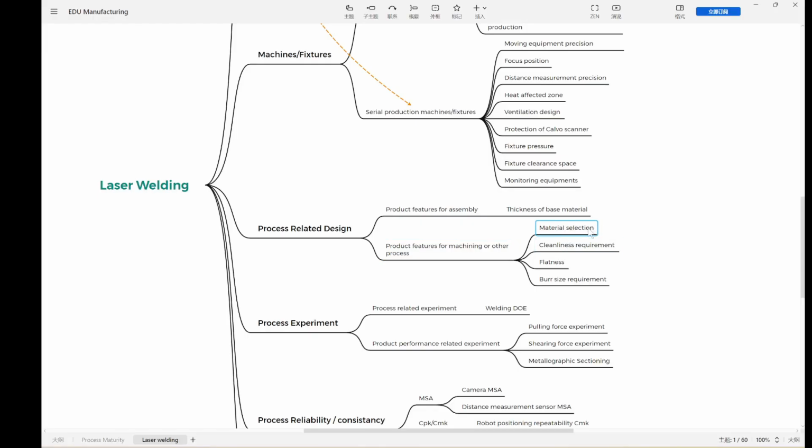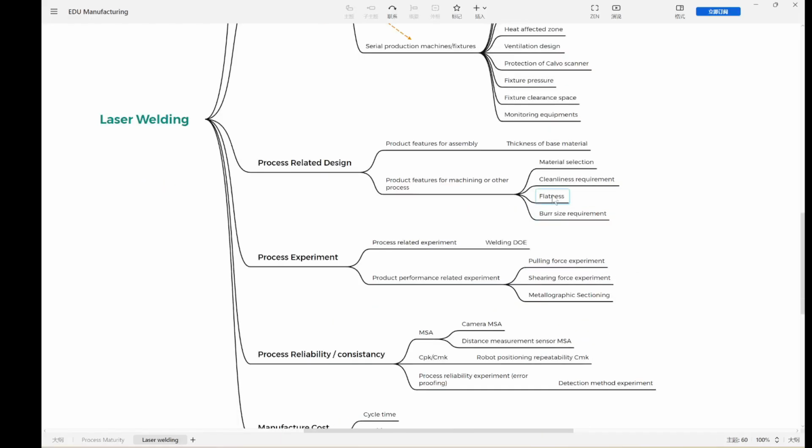Normally it's done by the R&D guy, and you will try the weldability, the feasibility of welding of these materials. Cleanliness is very important. If there is a lot of oxidized material on the surface of the copper, there will be a lot of splash.